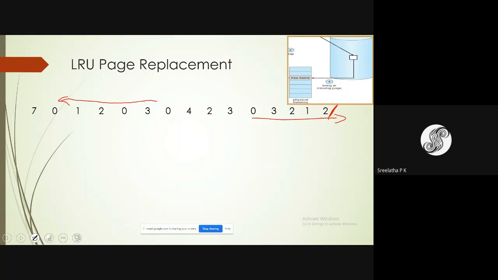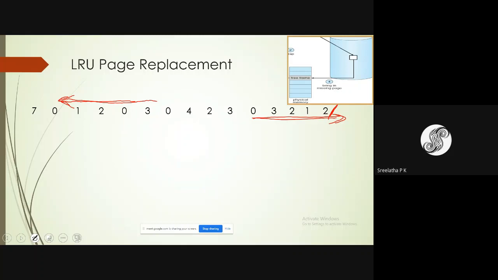So this page replacement algorithm can be implemented, whereas the optimal page replacement technique cannot be implemented because future strings cannot be predicted. Whereas what string was requested by the processor previously can be predicted.